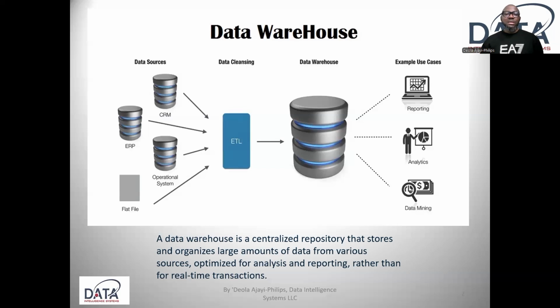The data sources can be CRM, ERP, operational systems, flat files, Excel, or any other tools or software that is the first level of interaction with customers or any form of data entrance. So let's talk about this now.